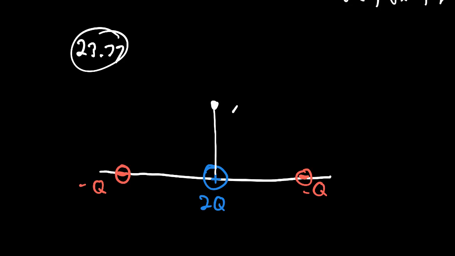They give us a distance y and a distance d. I want to know the electric field up there, a distance y above the middle charge, and a distance d to the left of the negative charges.